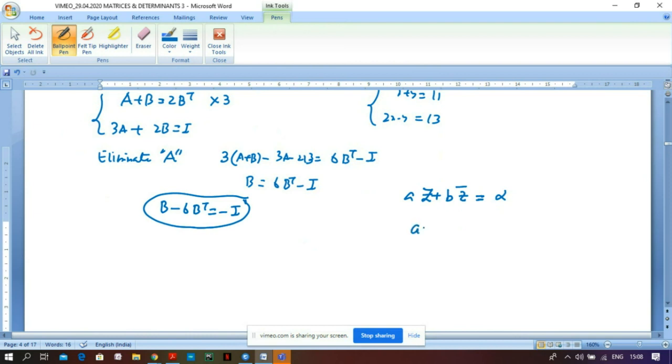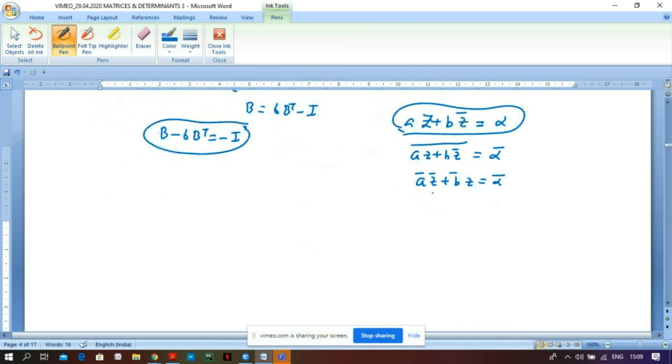You take the conjugate of a z plus b z bar, which is alpha conjugate, so this is a conjugate z conjugate plus b conjugate z, and that's alpha bar. And depending on a and b given real, we can further simplify that. So the whole point is that you can create a new equation from one other equation by taking some operation like conjugate here.